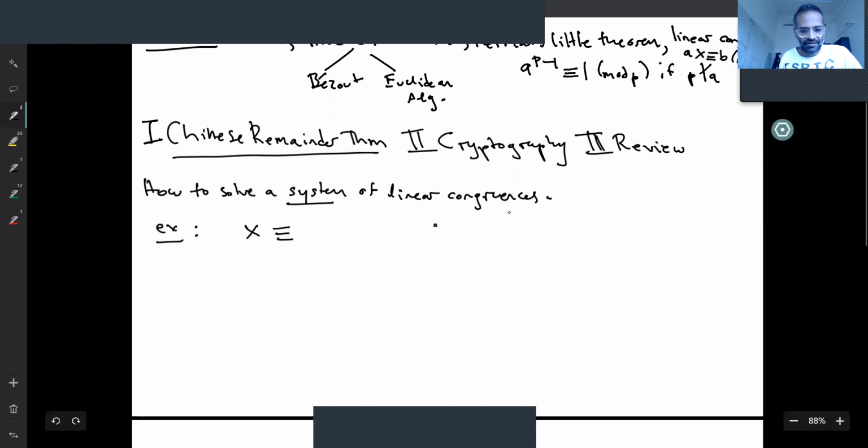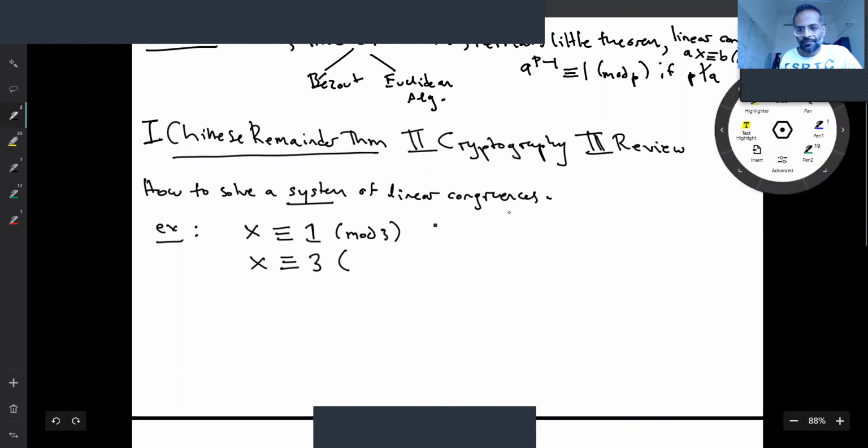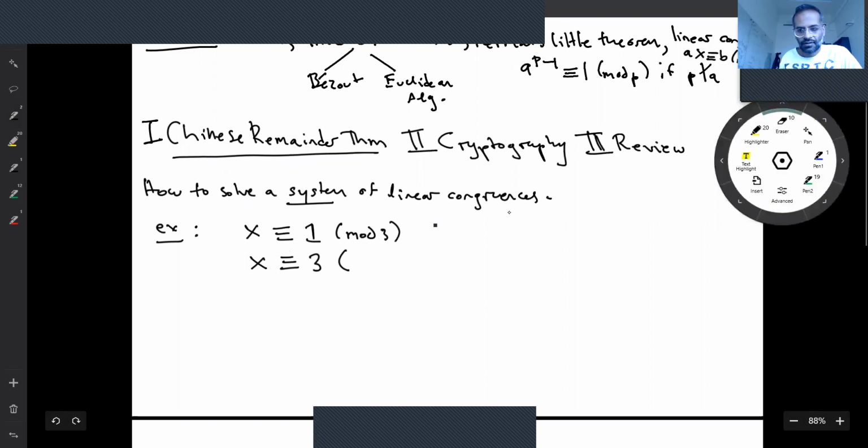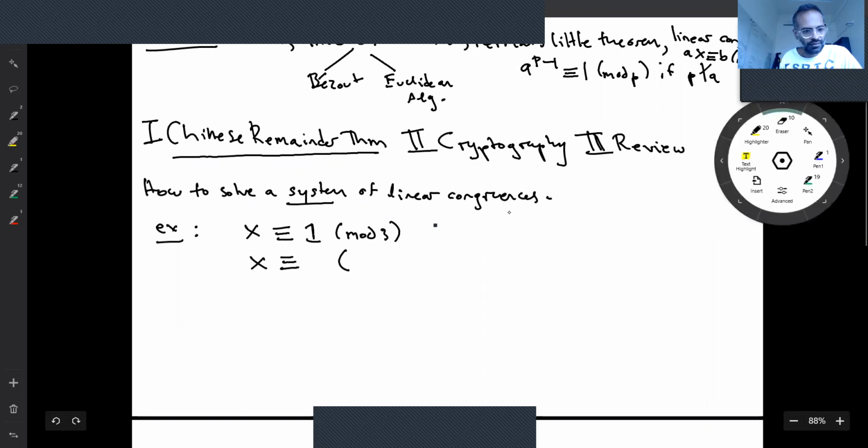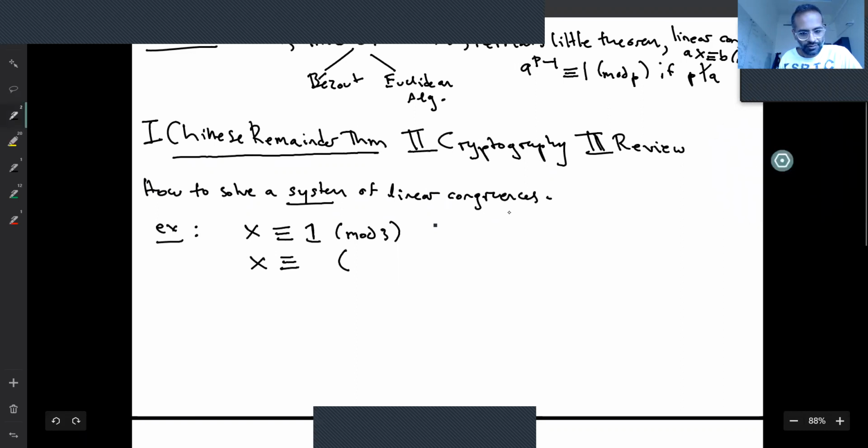We want to find a number x so that x is congruent to 1 mod 3. And now congruent to something else. Actually, let's start with something a little simpler. Congruent to 0 mod 5 and congruent to 0 mod 7.